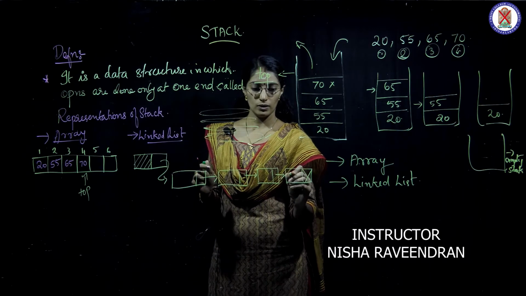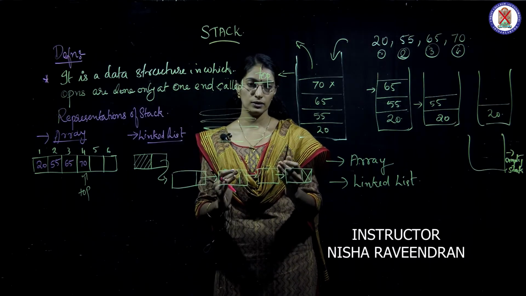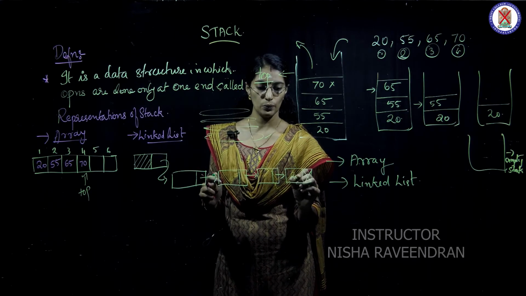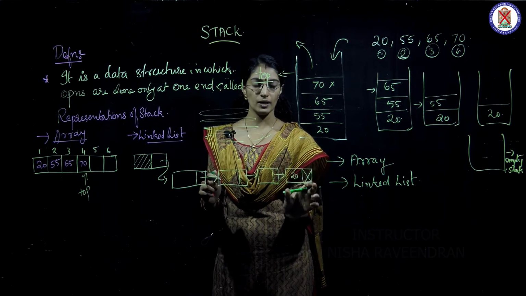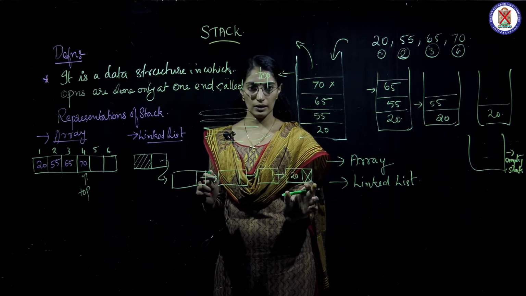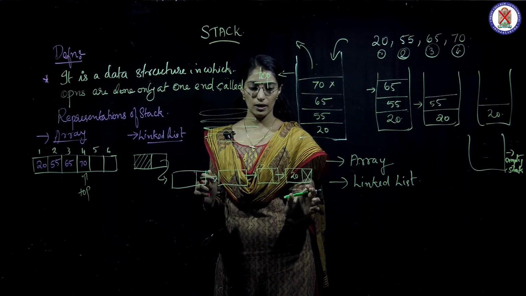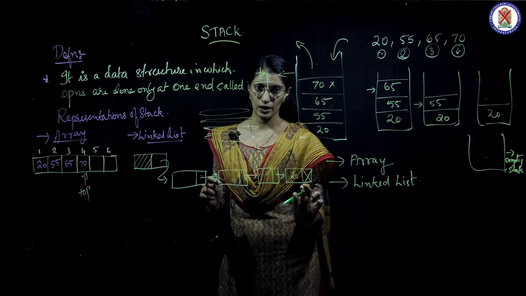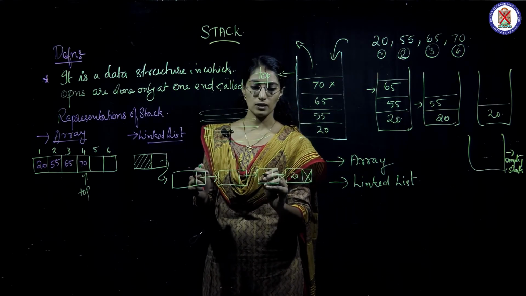When implementing using linked list, the first node is 20. When the first node is made, I insert the data 20 and make the link part null. Then the second element is 55.